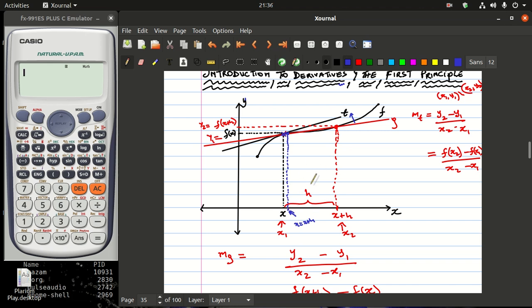Take note of this. If I pick a point now so close to this point, this point is somewhere there, but this point is still on the curve, what will happen now is that this line here will be pushed as much as we wanted to, and it's going to pass through this point. Can you see that it's passing through those 2 points here?